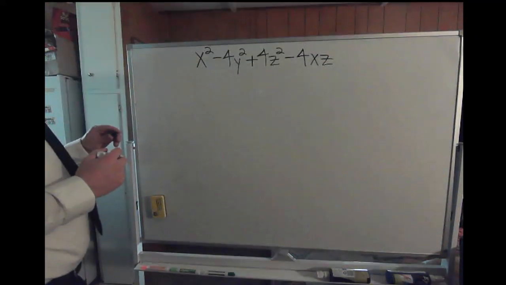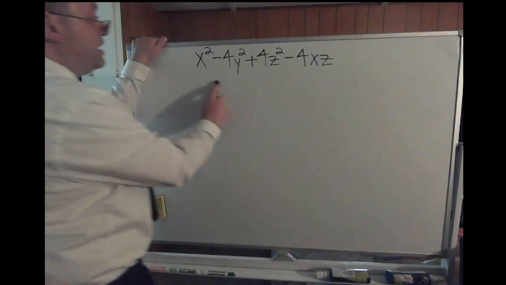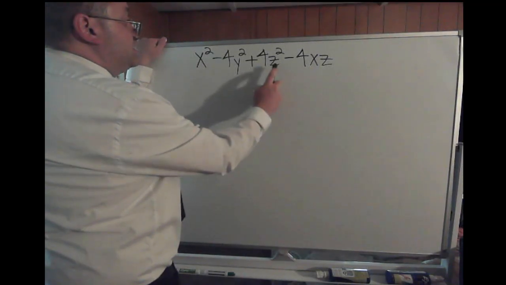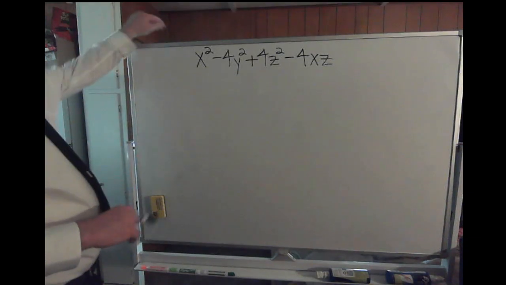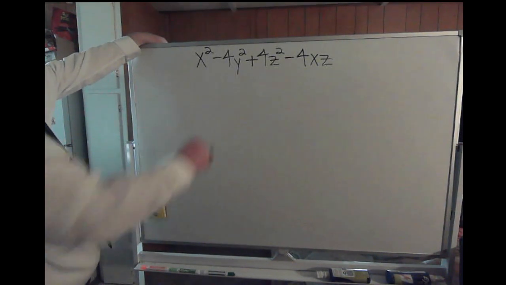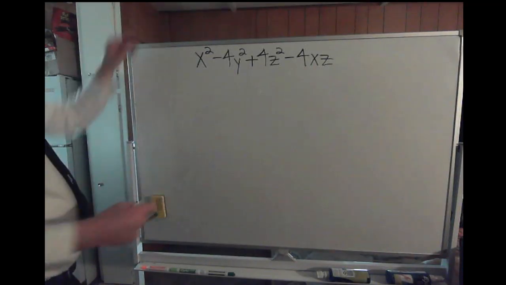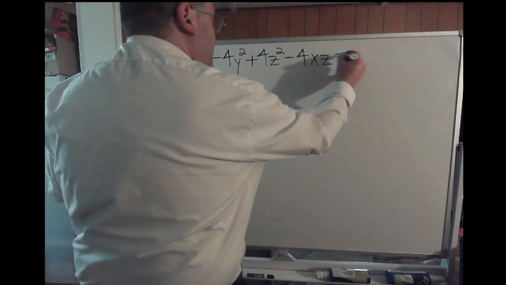Alright, so we got x squared minus 4y squared plus 4z squared minus 4xz. Do we notice any patterns? If we look at the patterns, it looks like that negative 4y squared is the odd man out. It definitely looks like that's the odd man out.